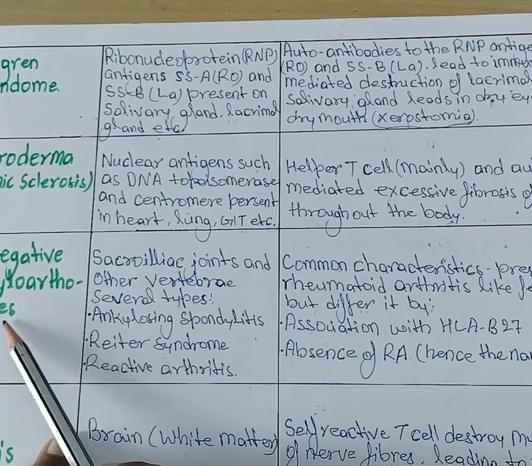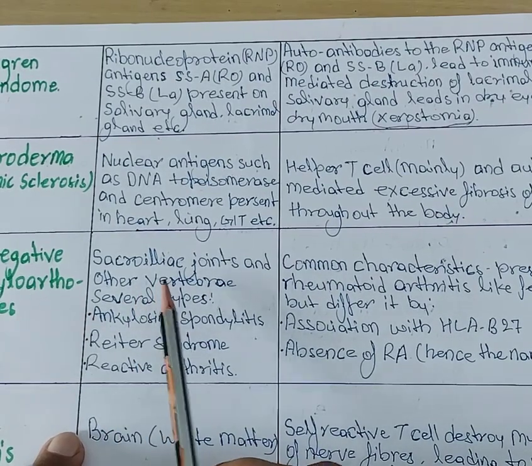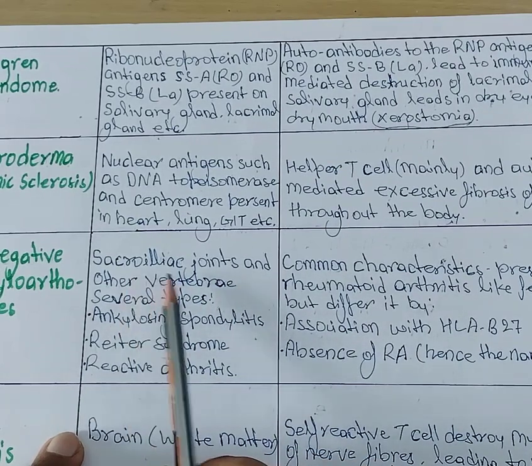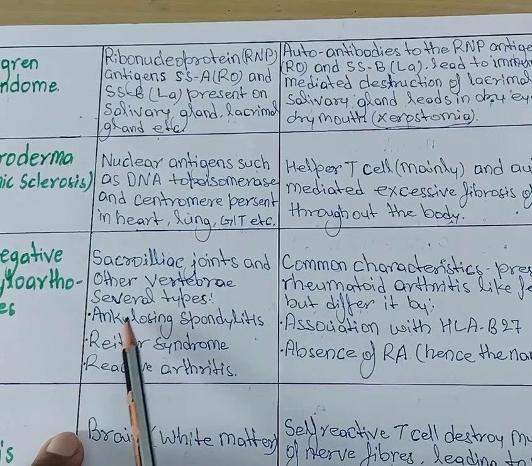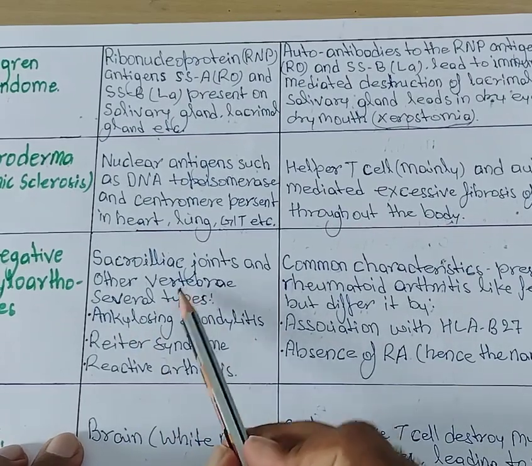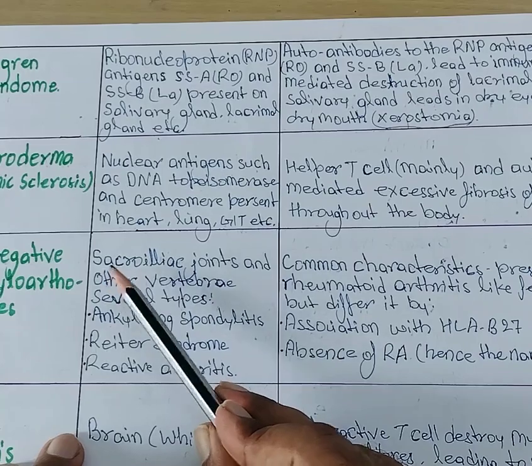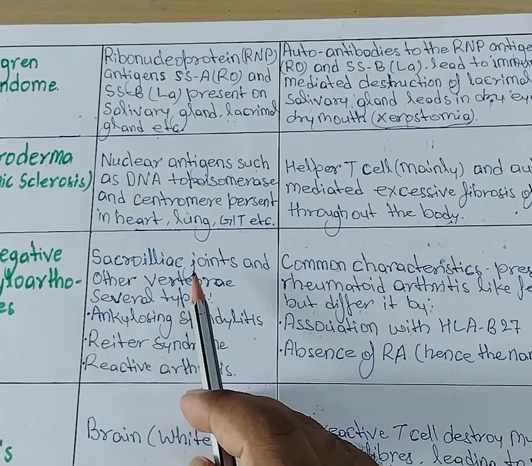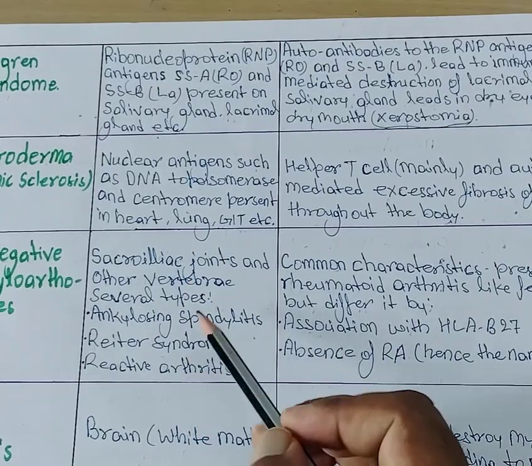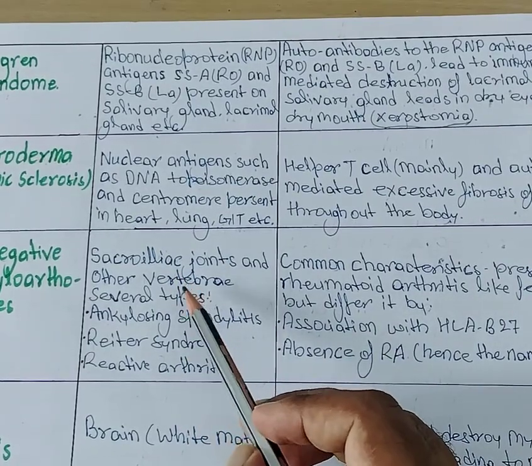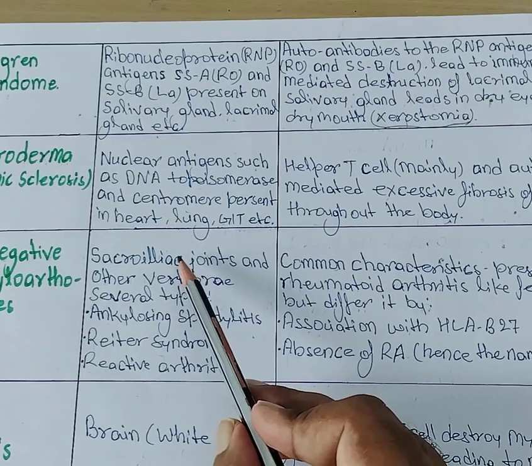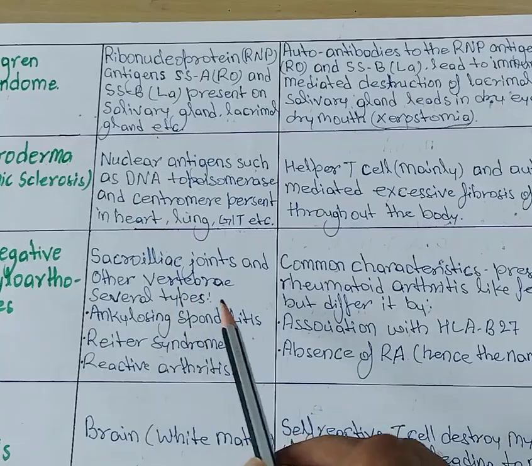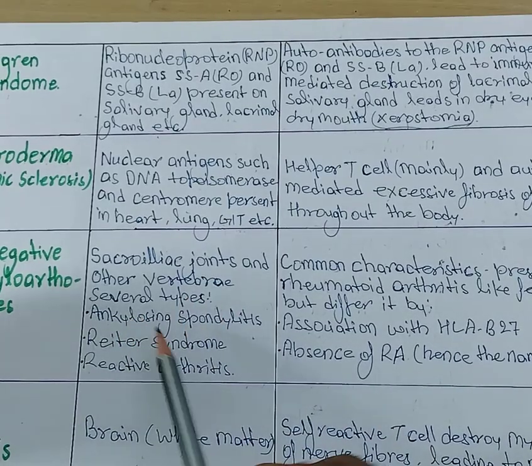Seronegative spondyloarthropathies. Here the self-antigen is present on the sacroiliac joint and other vertebrae.